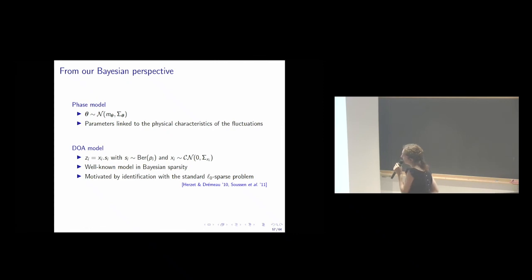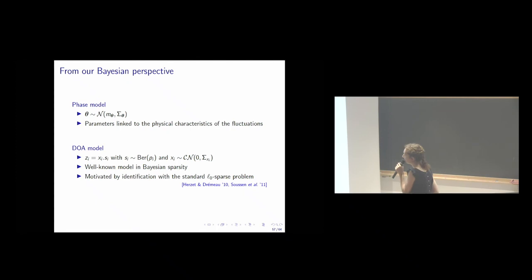For the DOA model, the direction of arrival model, we will take something which is a little bit more complex than before. We will take a Bernoulli Gaussian model. This is a well-known model in Bayesian sparsity, in which you say my sources will be the product of one Gaussian variable and a binary variable, a Bernoulli variable and a Gaussian one.